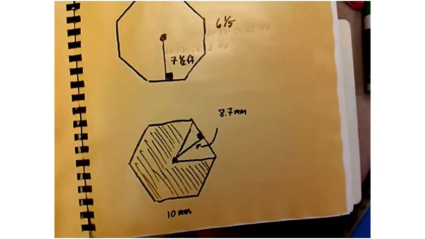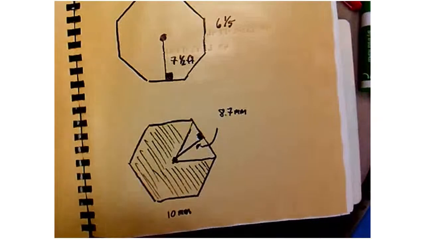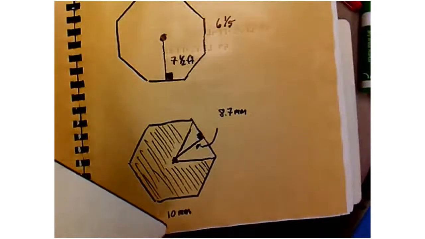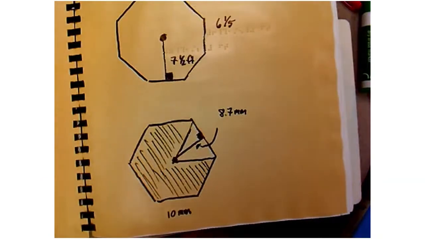So, how many sides is this figure? 6. All right, good. And what is the measurement of one side? 10 millimeters, good. And then the apothem, can you find the apothem? They have a little arrow pointing out to the side of it telling you how much the apothem is.